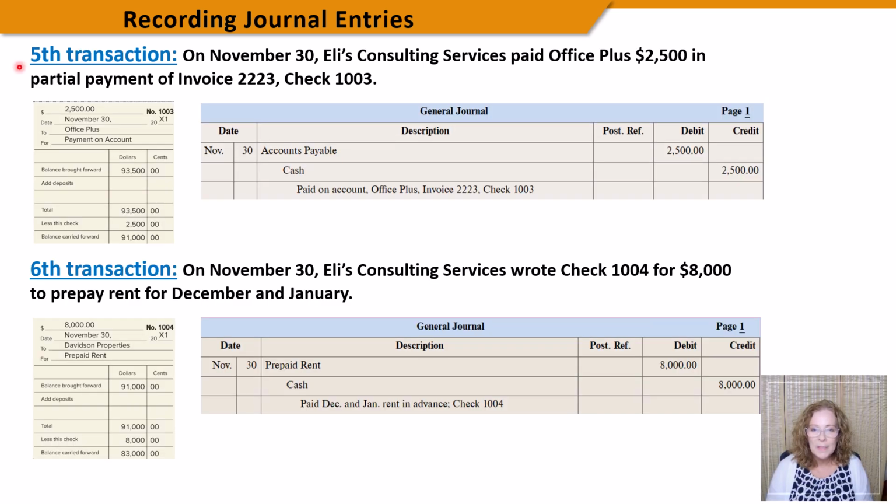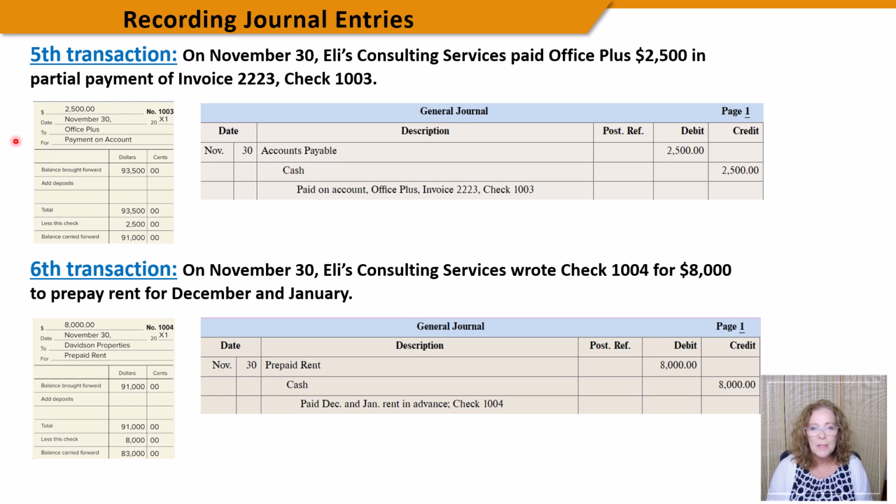For our fifth transaction, Eli's Consulting Services paid Office Plus $2,500 as partial payment of invoice 2223, check 1003. In this case, we have the original invoice from Office Plus for $6,000 as support, but we would also need a copy of the check, or the Zelle or Venmo payment record would be good additional support.